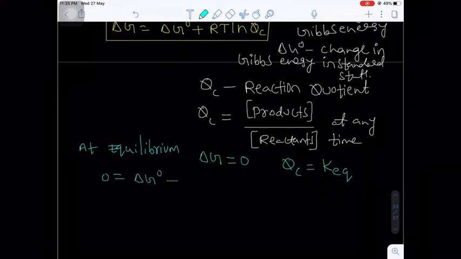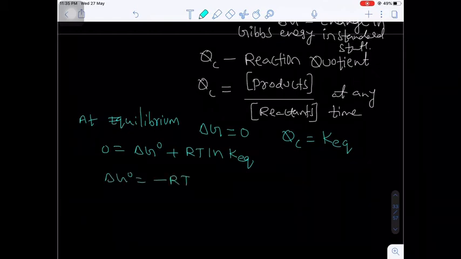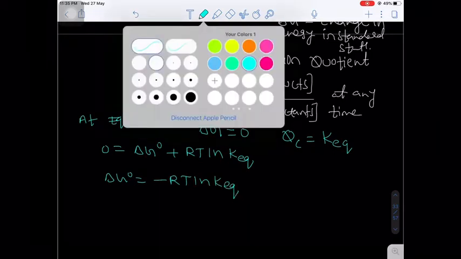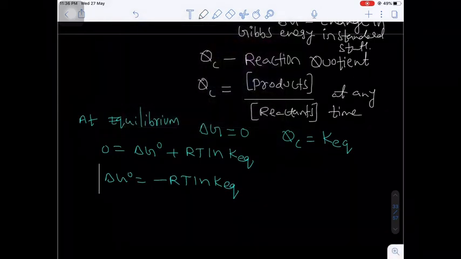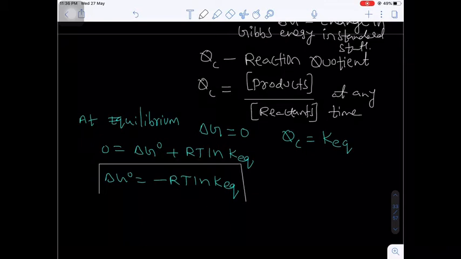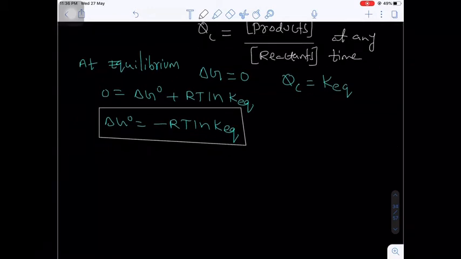So here 0 is equal to delta G naught plus RT ln K equilibrium. From here, delta G naught is equal to minus RT ln K equilibrium. This is a very important expression, especially the relation between the standard state Gibbs energy change versus the equilibrium constant.